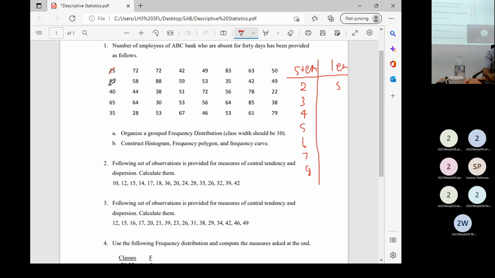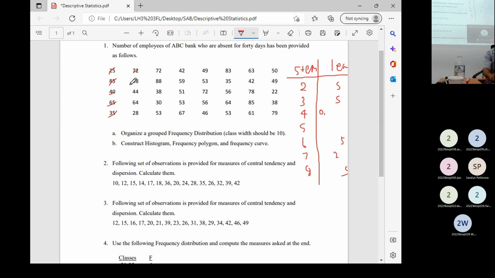Write 25. Next, 85. It belongs to this row, therefore you write 5 here. No need to count the distance, right? Then 40 belongs in this row; at the beginning you can write 0 because there is no value prior to 40. Then 65 in this row, anywhere. Then 35 in this row. Then 72 in this row.